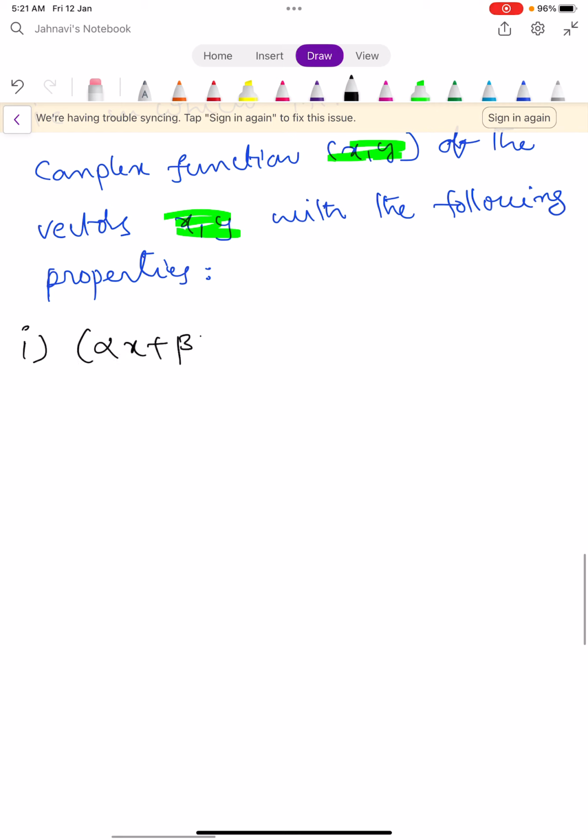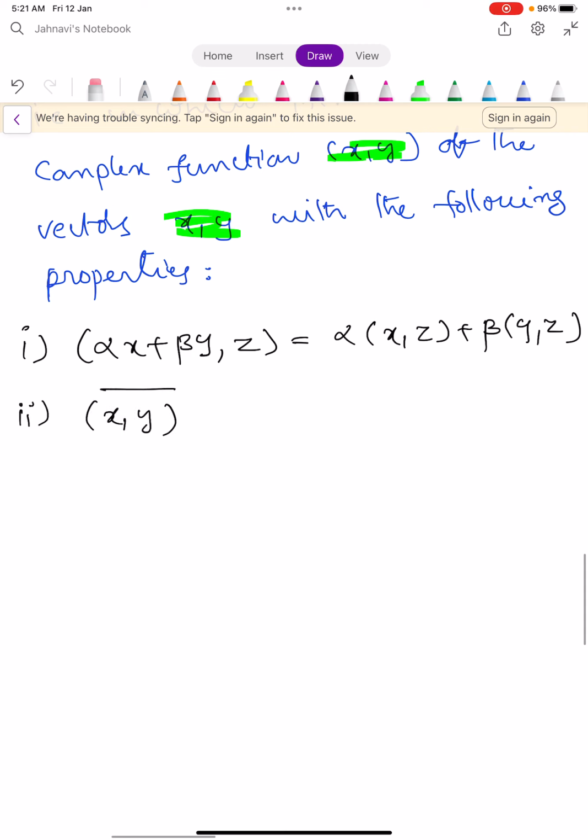The first one: alpha x plus beta y comma z is equal to alpha into x comma z plus beta into y comma z. The second one: x comma y whole bar is equal to y comma x, the conjugate symmetric property.